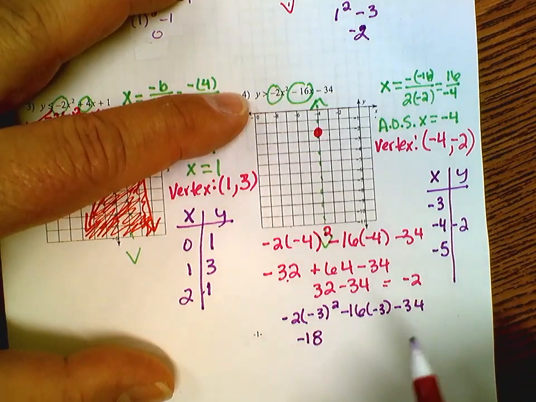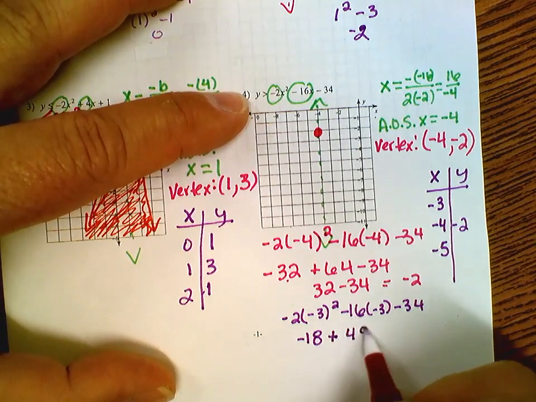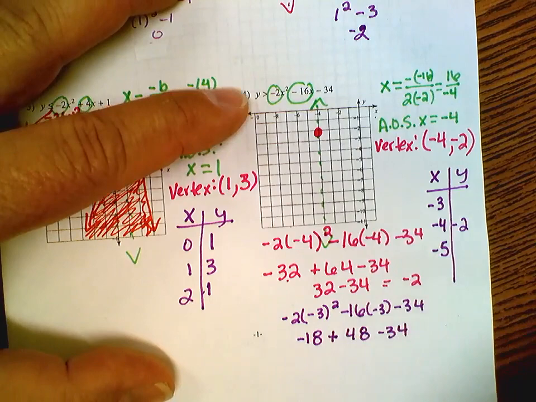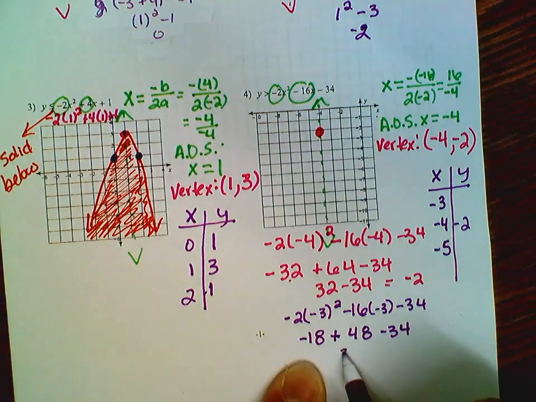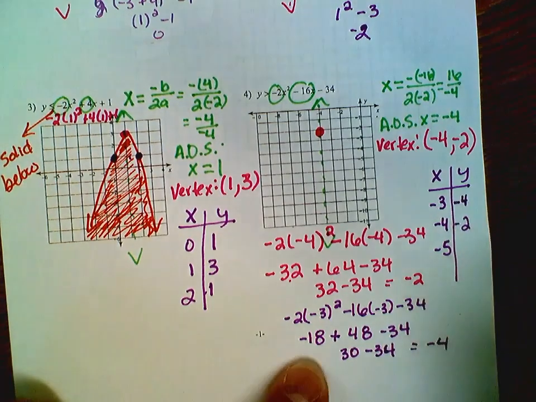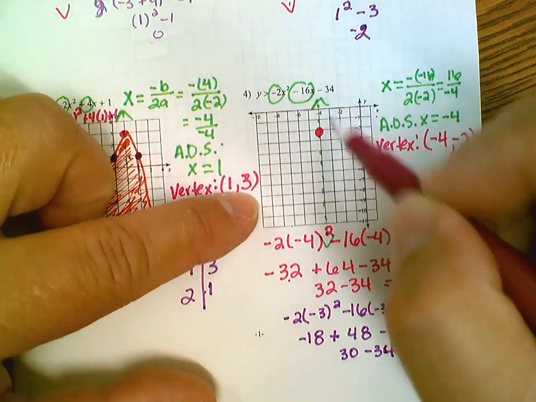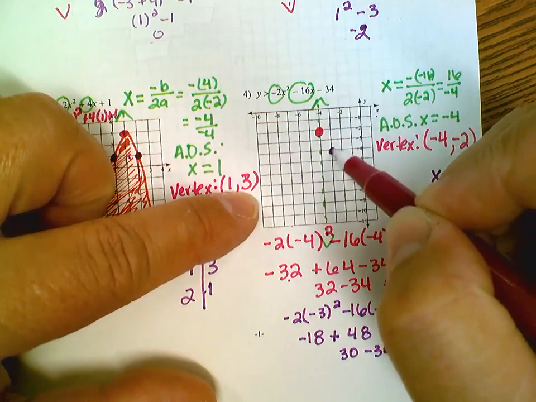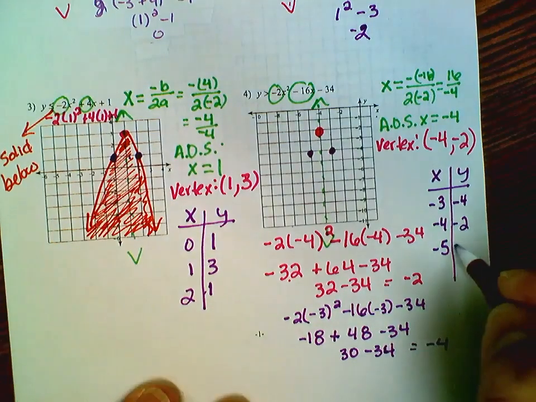Negative 3 times negative 16 is a positive 48. So then I have negative 18 plus 48 is 30. And 30 minus 34 is negative 4. So I should have negative 4 there. So negative 3 down to negative 4 is here. Using my axis of symmetry, I get my other point.